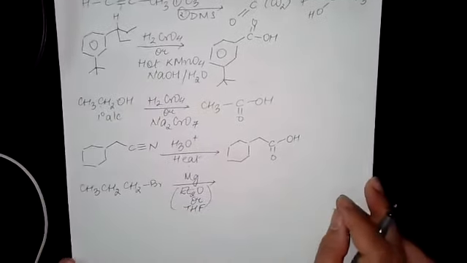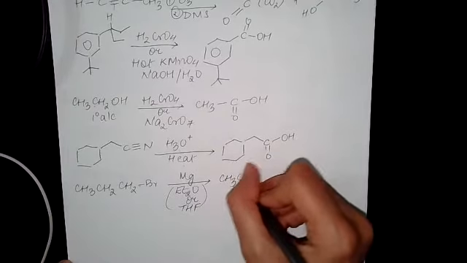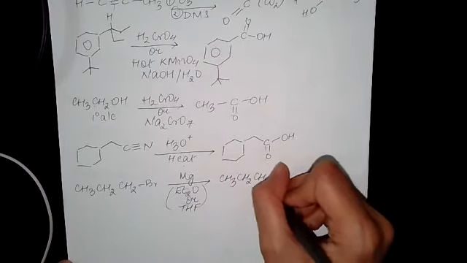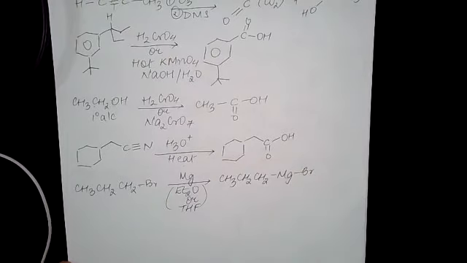Both of them are ether solvents. The magnesium gets inserted between the carbon and the bromine.